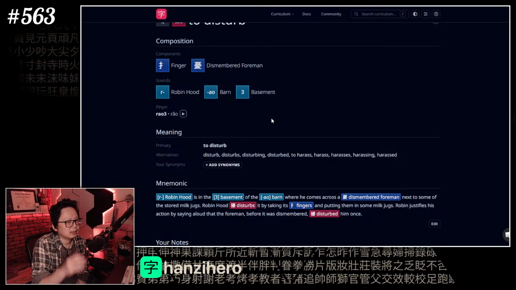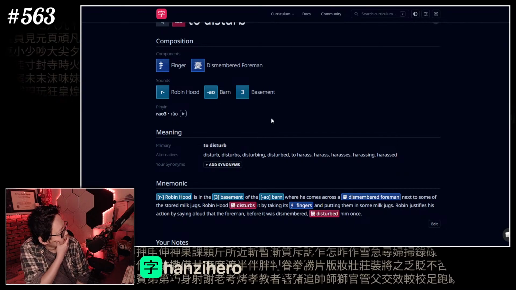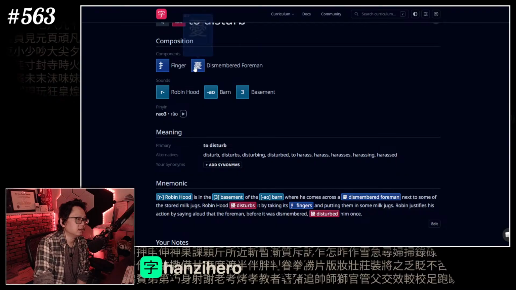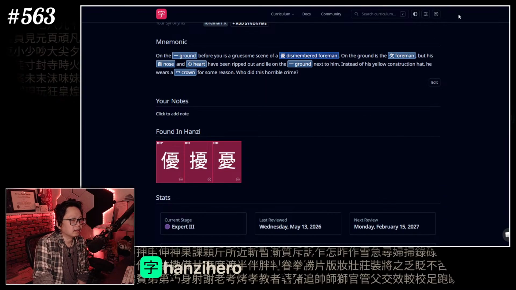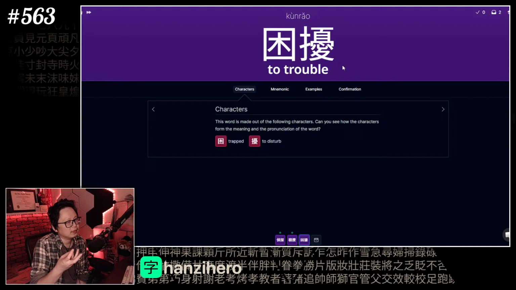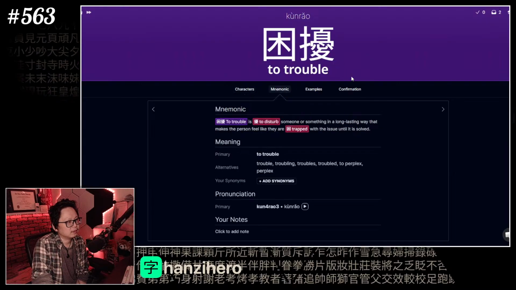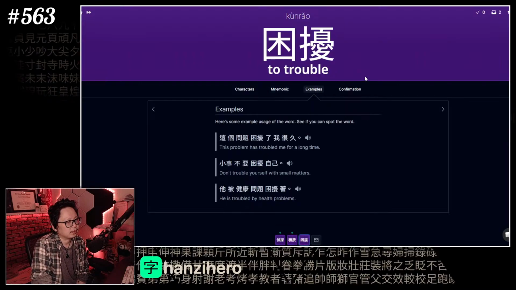Yeah. Ra. As opposed to the dominant one, which would be Yo. Because there are two Yos and one Ra. Disturb deals with the barn and the dismembered person. Okay. So trapped in disturbance, to trouble. Interesting. I mean, to perplex. Trapped in disturbance to be perplexed.